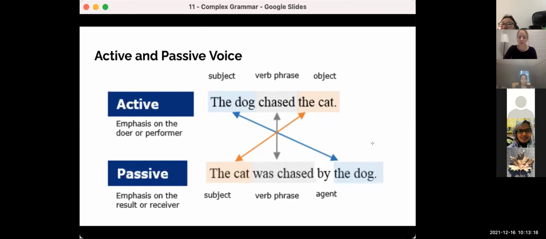Okay. We're going to look at plenty more examples, but let's stop here for a minute. Do you have any questions about active and passive? In this picture, it seems pretty simple, but when we look at some more examples, you might have more questions, and that's totally okay.